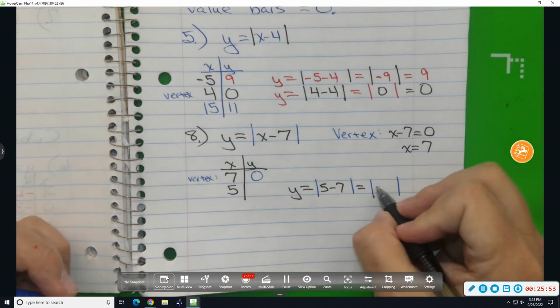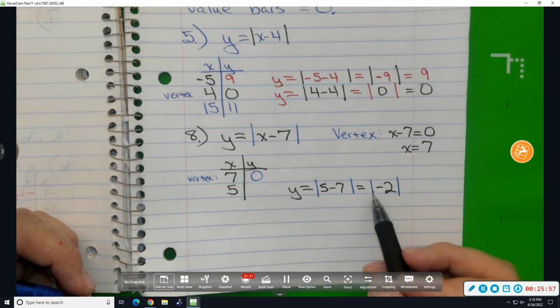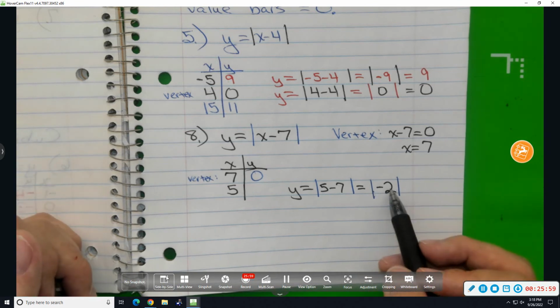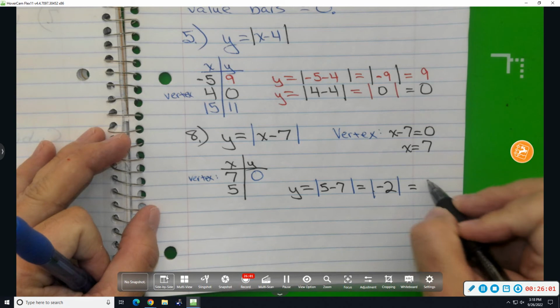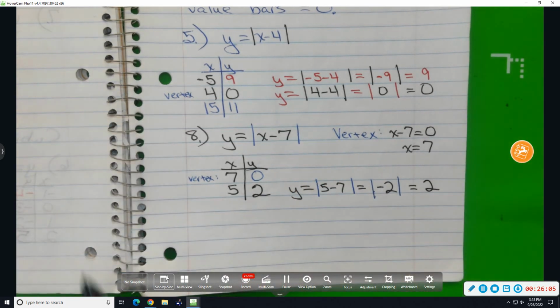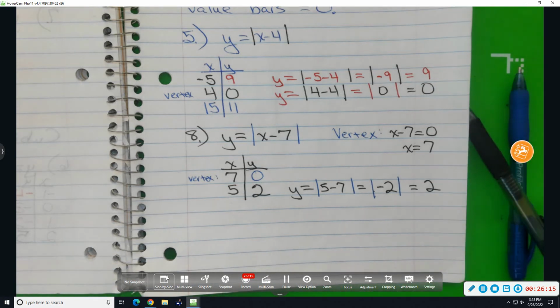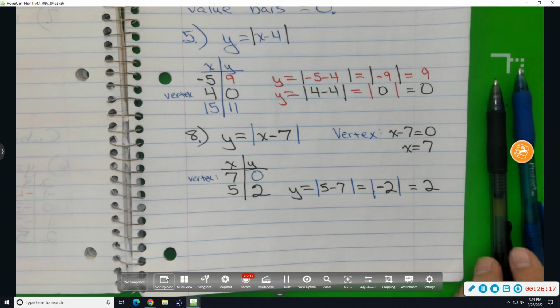And don't write down negative 2 for the y value. What do you have to do? Okay, the absolute value of negative 2 is a positive 2. We could have used 8. If we had used 8, what would we have gotten for y? 1. You still get the correct graph.